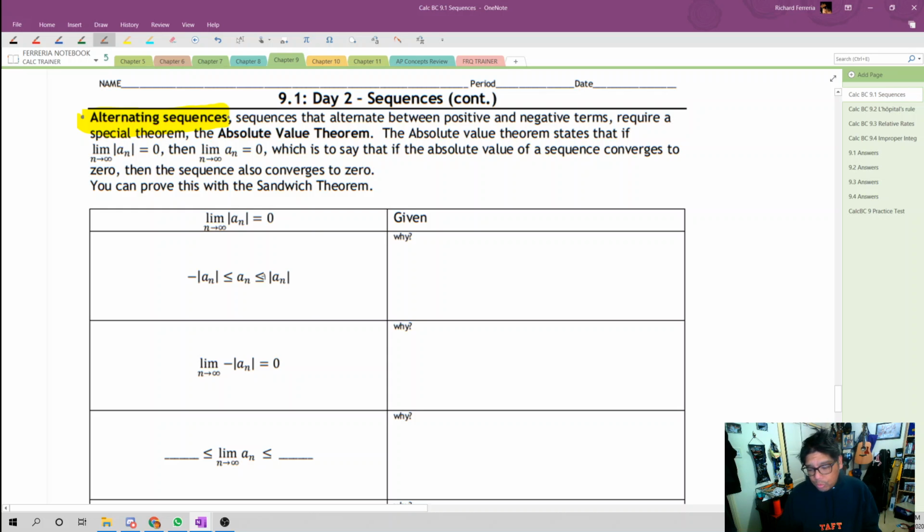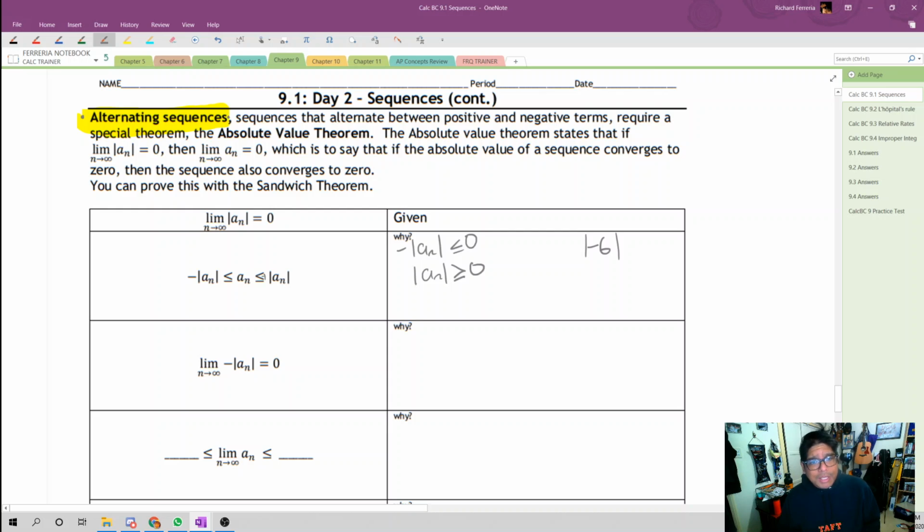Why is this true? Well, the negative of the absolute value is always negative, and the absolute value is always positive. So basically, any term has to be between a positive and negative number and itself. So it's got to be somewhere in its own region, I guess is the way that we would say that.